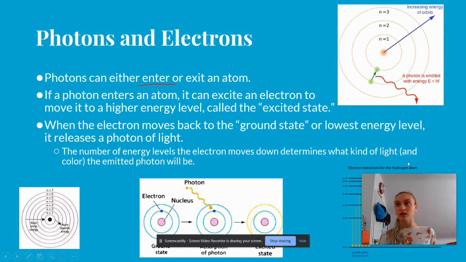So basically, red is low energy and purple is high. So if we're jumping from 3 to 1, that would probably be a higher energy, like purple or blue. And if we're jumping from 2 to 1, that'll probably be a lazier, less energy photon of light, which is probably like an orange or a red. Okay, like I said, you don't need to know that, but it's interesting to know where light comes from.